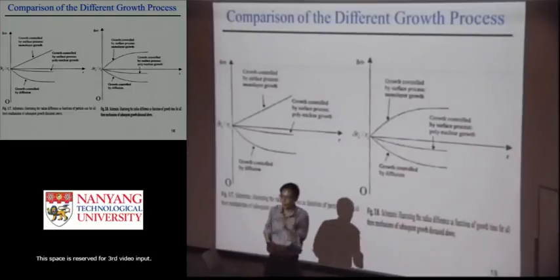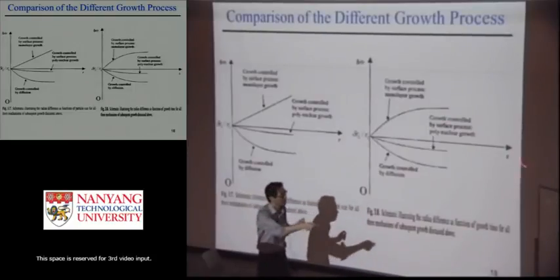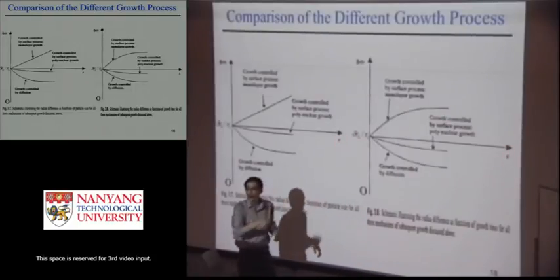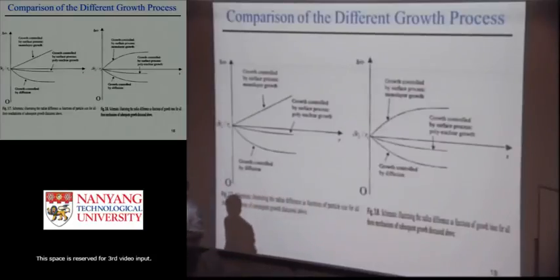If you print it, it's very small, and you probably cannot tell. This is t, this is r. t refers to the growth time, and r refers to the average size of the nanoparticle. But both refer to the same trend: when the growth time increases, the nanoparticle average size also increases.